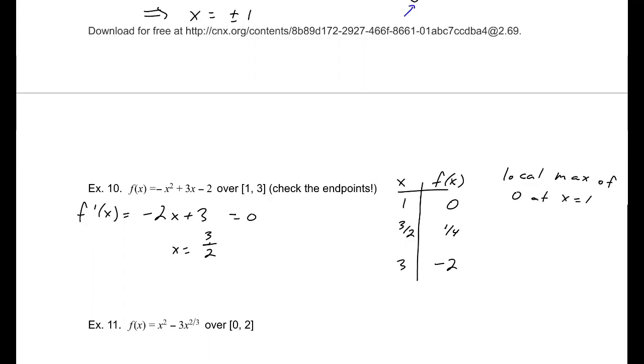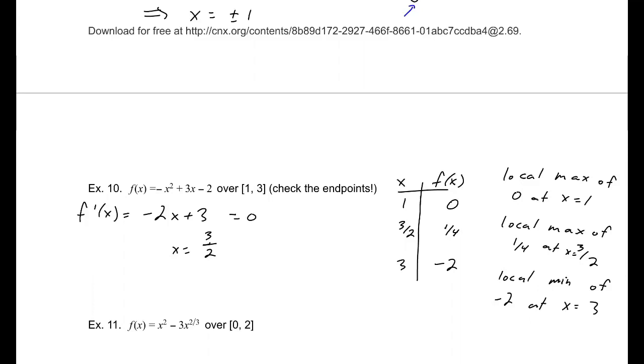Or these are our potentials, I should say. A local max of 1/4 at x equals 3 over 2. And a local minimum of -2 at x equals 3.